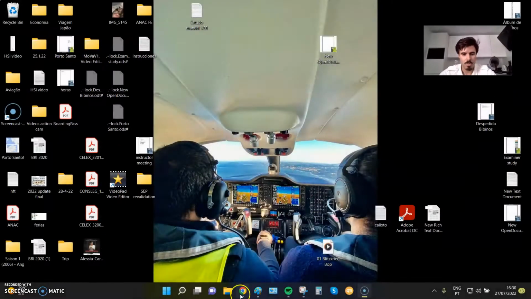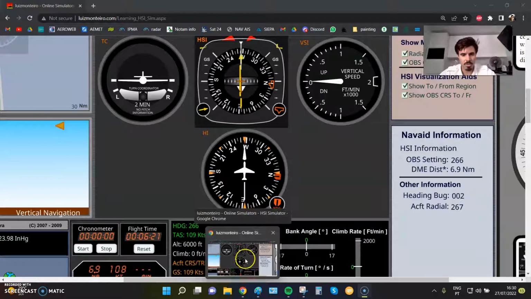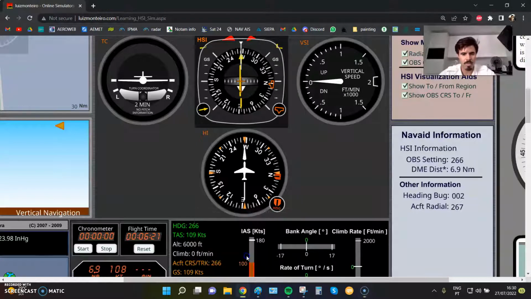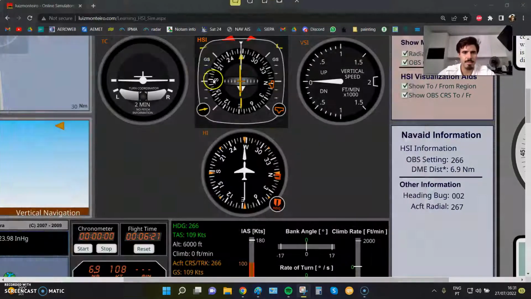Okay, so we're coming here. We are currently once again interpreting the HSI, always imagining the VOR in the middle. This is the radial 265 and we are about here. I want you to interpret this again.